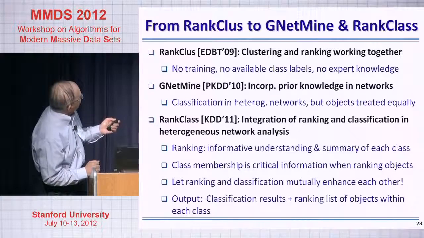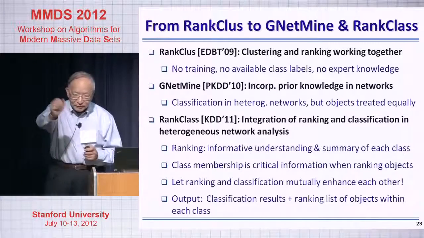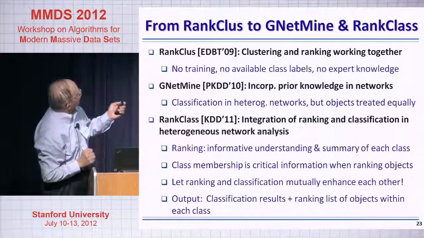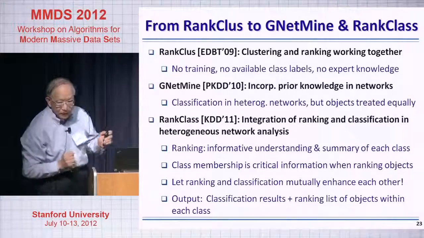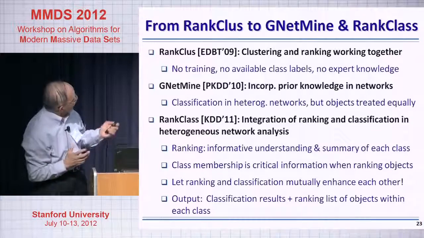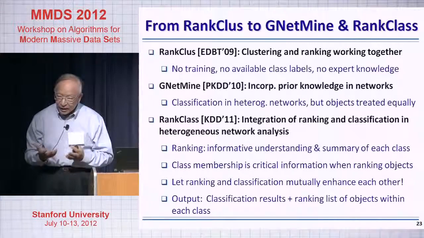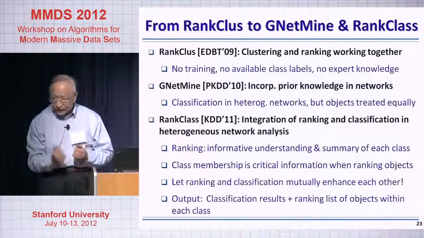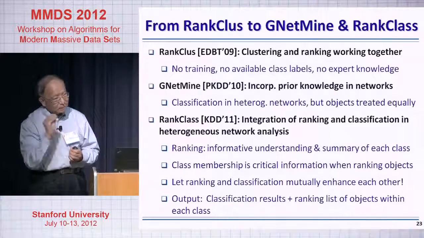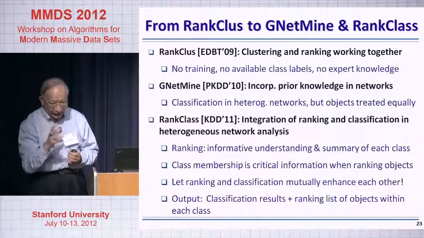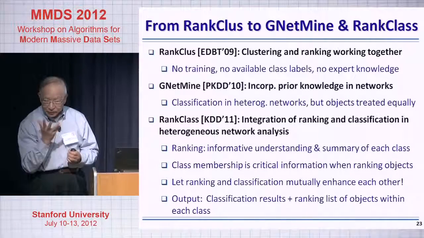Then in KDD 2011, we worked on another very interesting one using a similar philosophy as RankClus. We do rank and classification. The general philosophy is, even for classification, you will not think every object is equal. You will think those highly ranked objects weigh more in your classification.